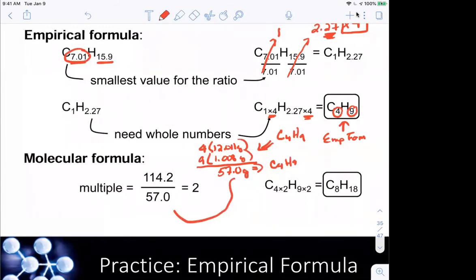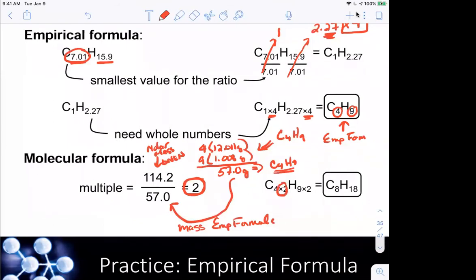This is going to go on the bottom because it is the mass of the empirical formula. This is the molar mass, which is given to me. Notice that the actual molar mass is 2 times larger than the mass of this empirical formula.